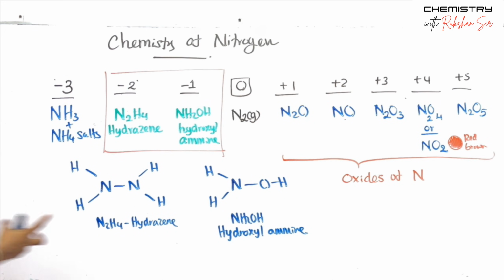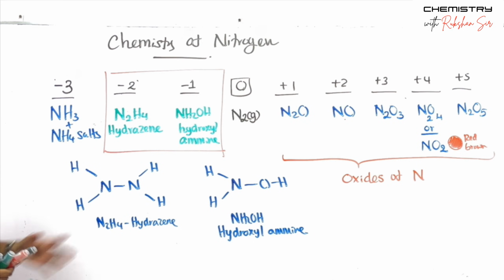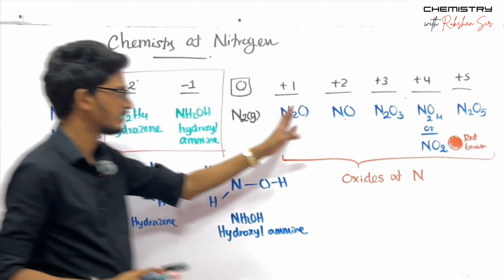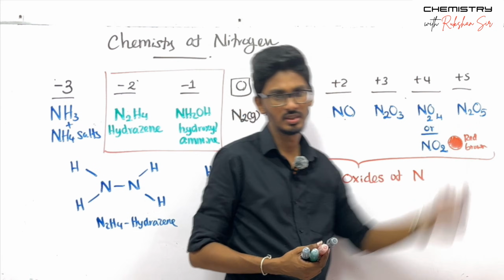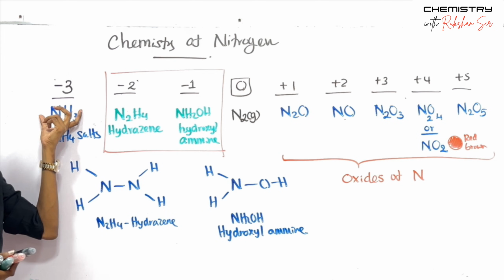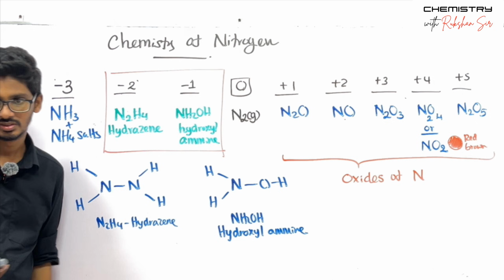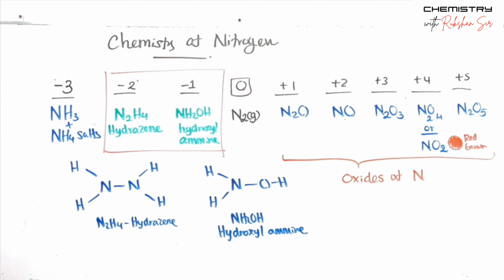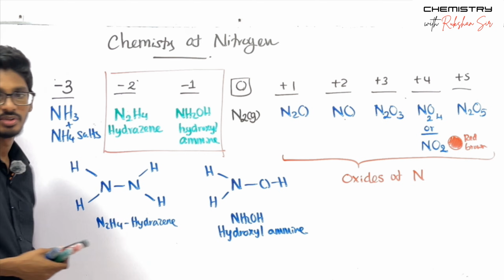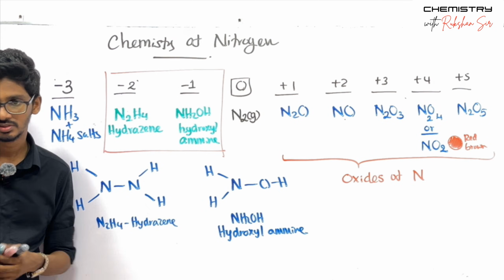That is all you need to memorize, because for the oxides you can write them by exchange analysis, and the most common nitrogen compound is ammonia. Just remember hydrazine and hydroxylamine as the examples for the -2 and -1 oxidation states. Okay, so complete this.